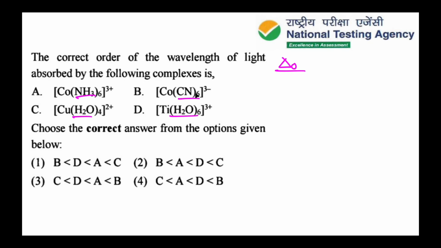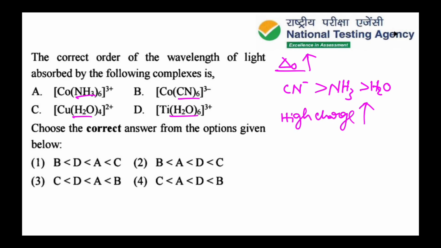These two factors mainly determine the crystal field splitting. According to this, CN minus is a strong ligand, then NH3 is a stronger ligand, then H2O. This is ligand field strength. So as ligand field strength increases, delta O also increases. Then charge.